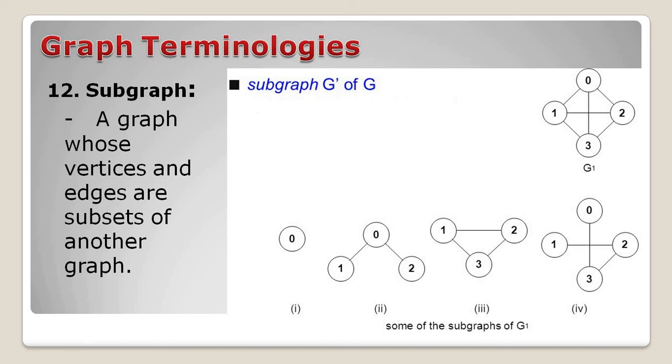All the edges and vertices of G might not be present in S, but if a vertex is present in S, it has a corresponding vertex in G, and any edge that connects two vertices in S will also connect the corresponding vertices in G. That is what we call a subgraph. Consider one example. Here we have the graph G1, and for G1 we have the vertices 0, 1, 2, 3.